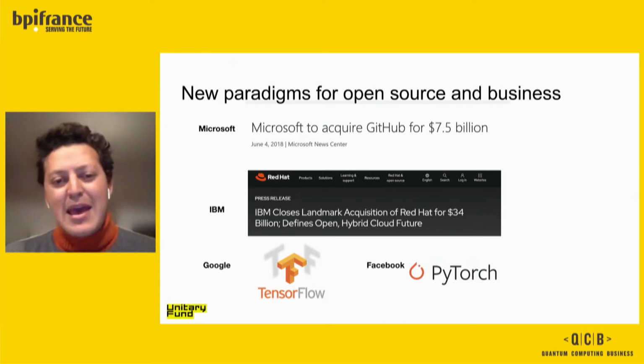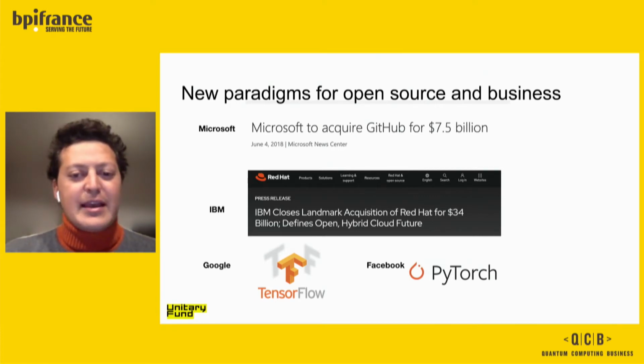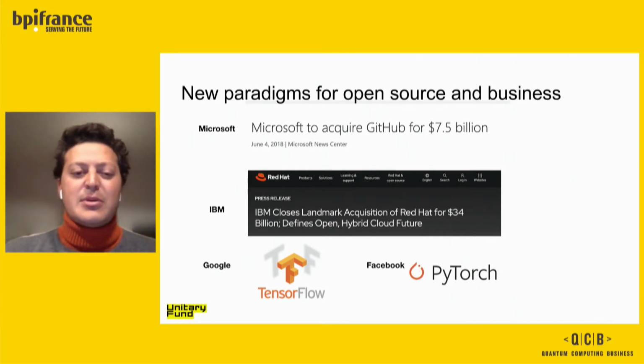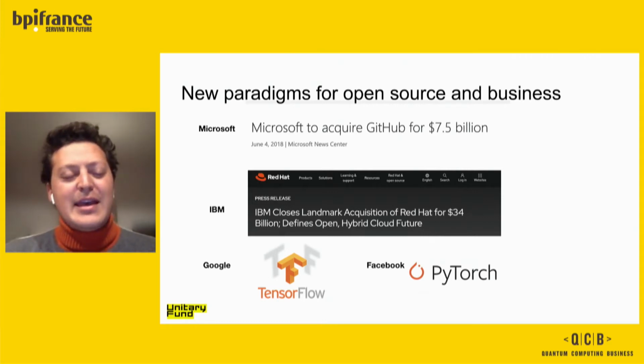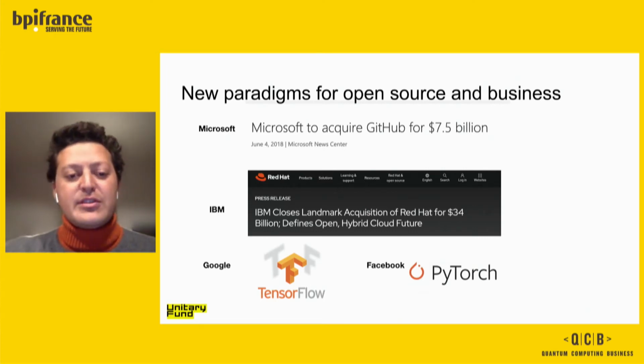IBM acquired Red Hat, a software company that mainly worked with open source, for a huge amount of money. And even in cutting-edge applications such as machine learning, with the prospect of AI, Google and Facebook back their flagship projects in open source.